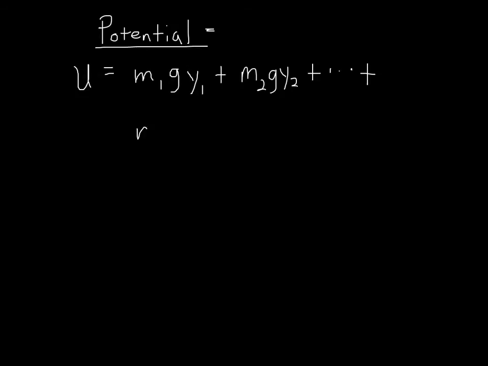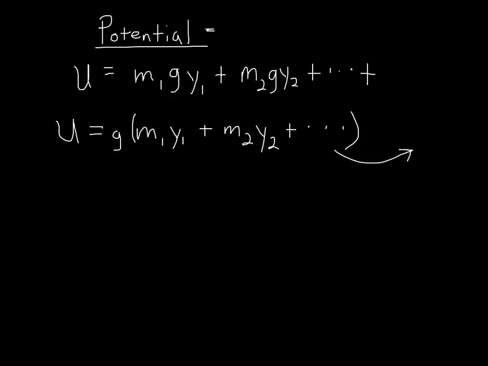But that m1 times y1 plus m2 times y2, which I can separate out by factoring out a g, looks very, very similar to my equation for the center of mass. Looks very much like y of the center of mass is equal to m1 times y1 plus m2 times y2, all divided by the total mass in the system.